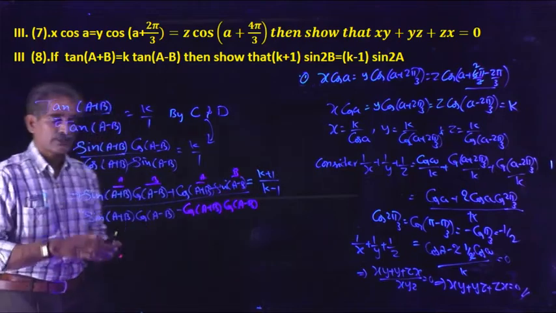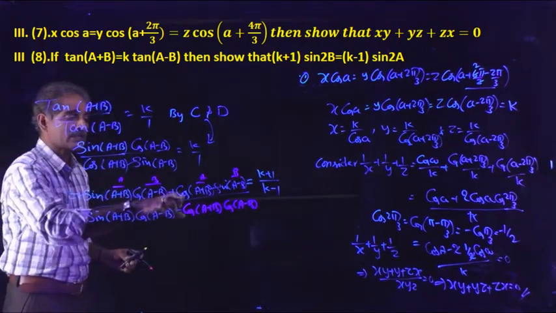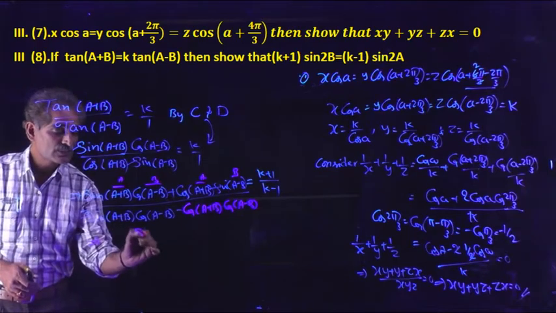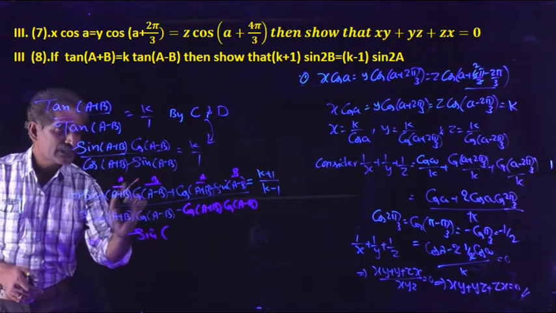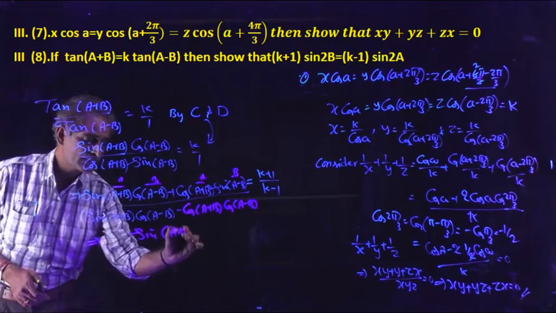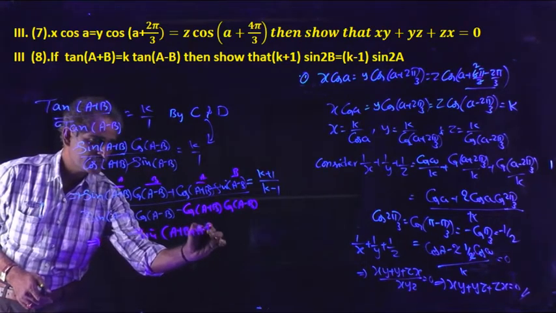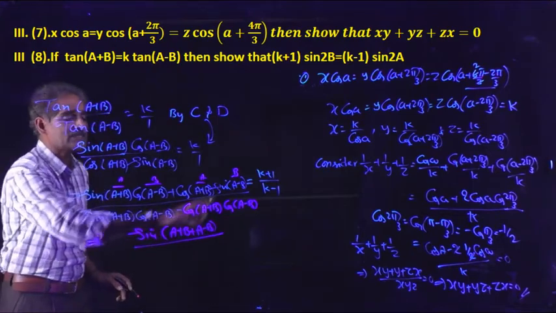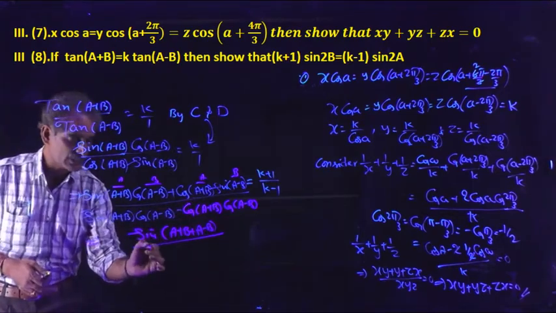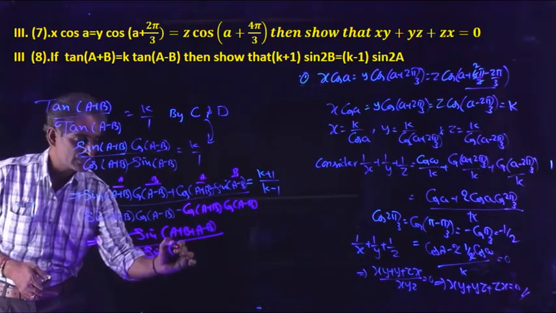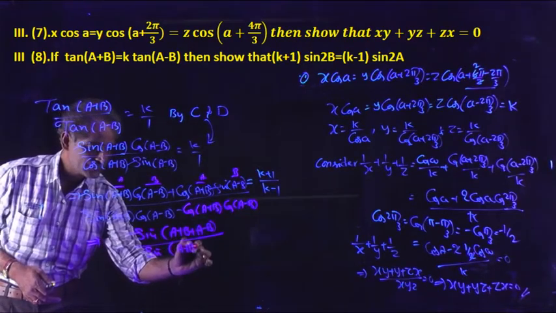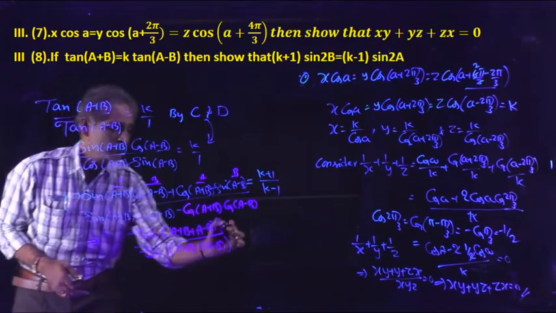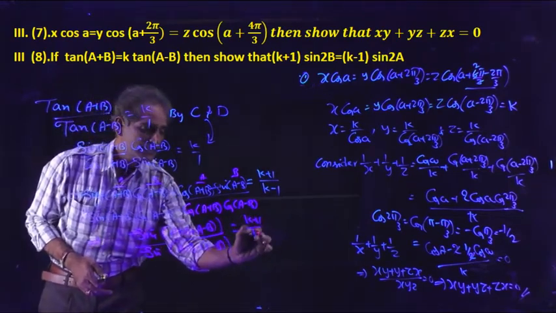What will happen? sin a cos b plus cos a sin b, that is sin of a plus b. That means sin of (a+b) plus (a-b), whole divided by sin a cos b minus cos a sin b, sin of a minus b. That means sine of the difference of the same angles, (a+b) minus (a-b), is equal to (k+1)/(k-1).